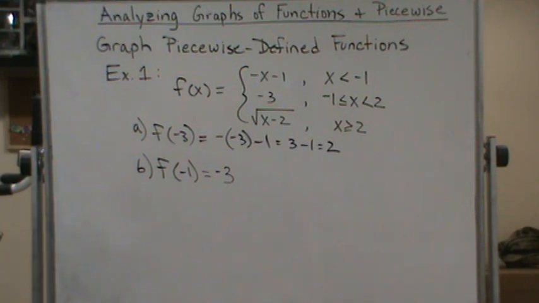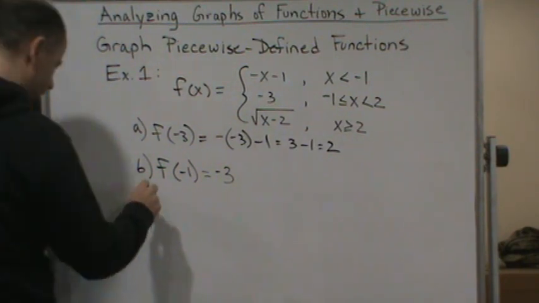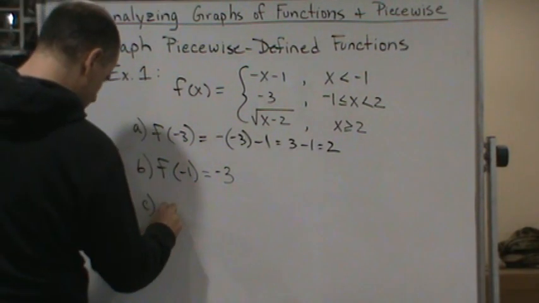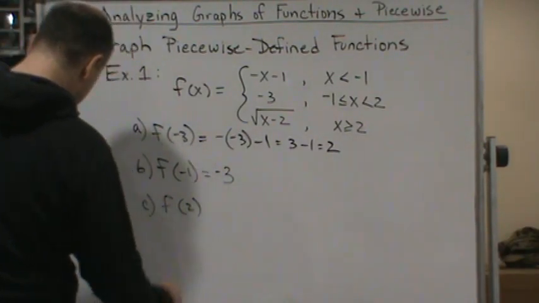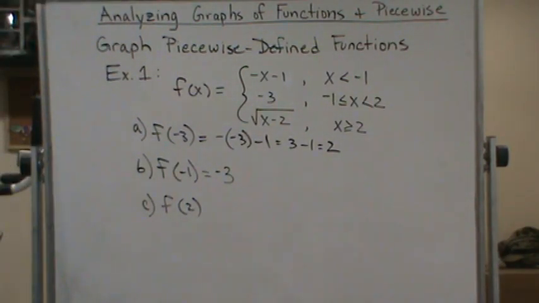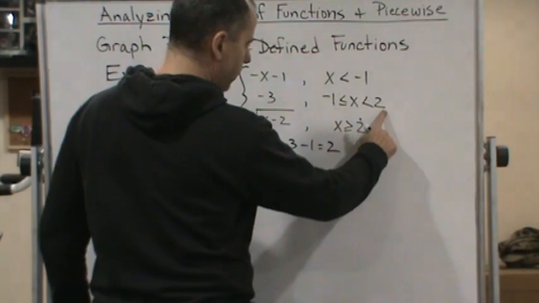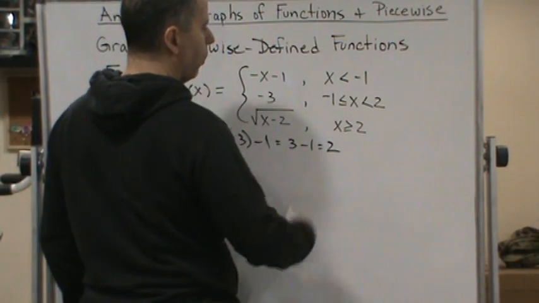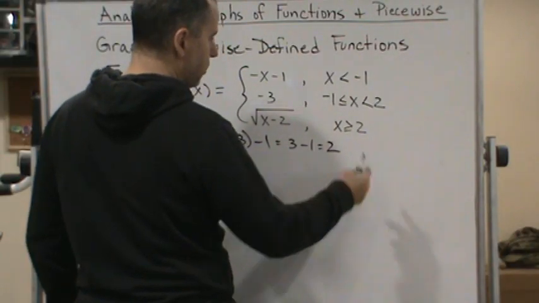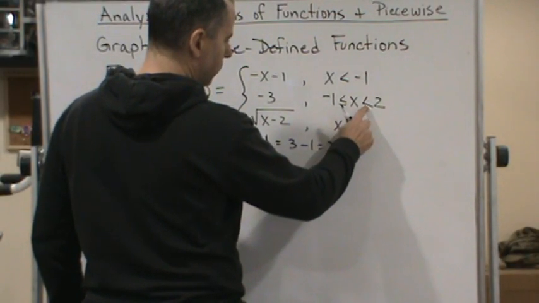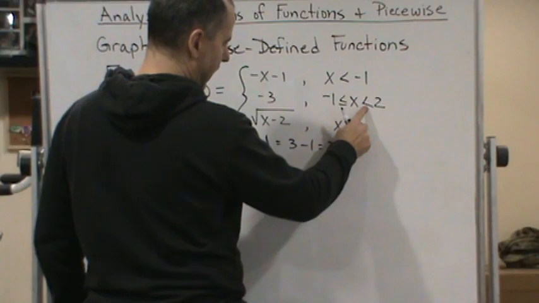All right, good. Now, what about f of 2? Where does 2 land? Because I see 2 here and 2 here. In this case, 2 is not included in this interval because it's less than.